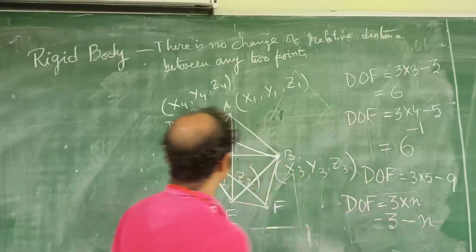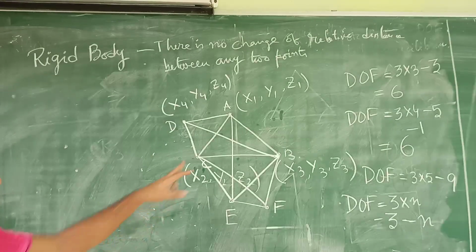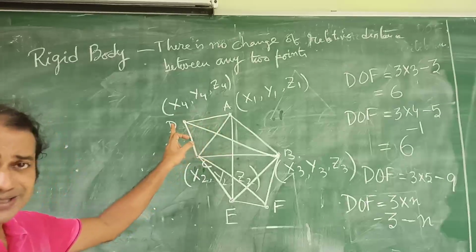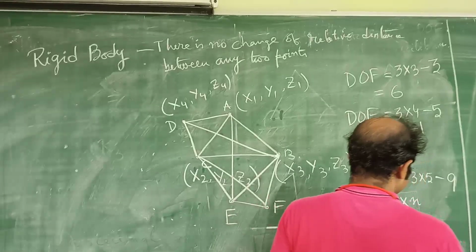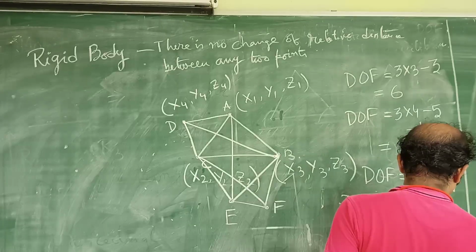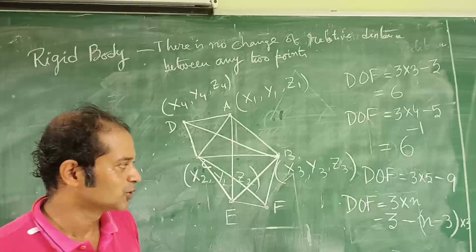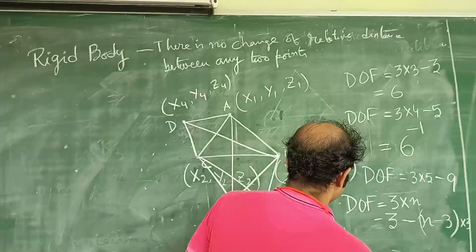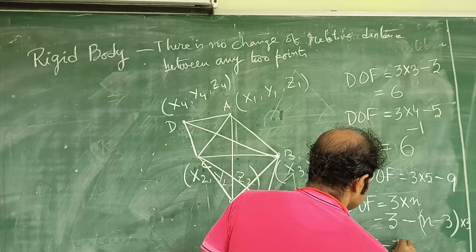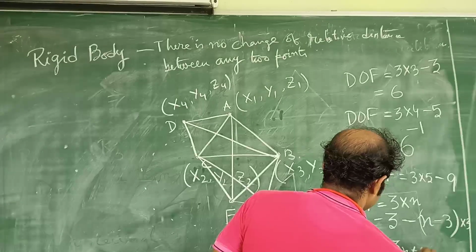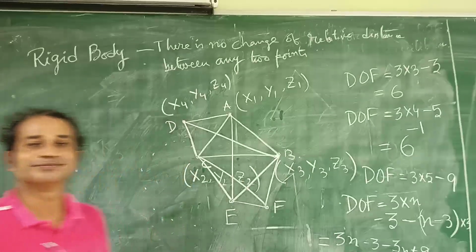Please use the method of induction. 3 for the base triangle minus n minus 3 into 3. So how many is it? It is equal to 3n minus 3 minus 3n plus 9, which is going to be 6.